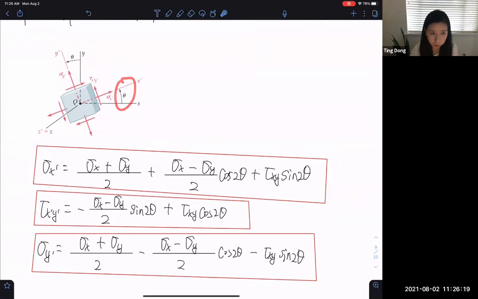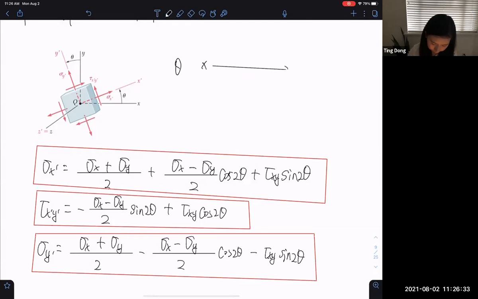All these equations are derived based on theta being measured from x to x prime, counterclockwise. You can plug this theta into the equation and you'll get everything correctly. Otherwise, you will mess everything up.